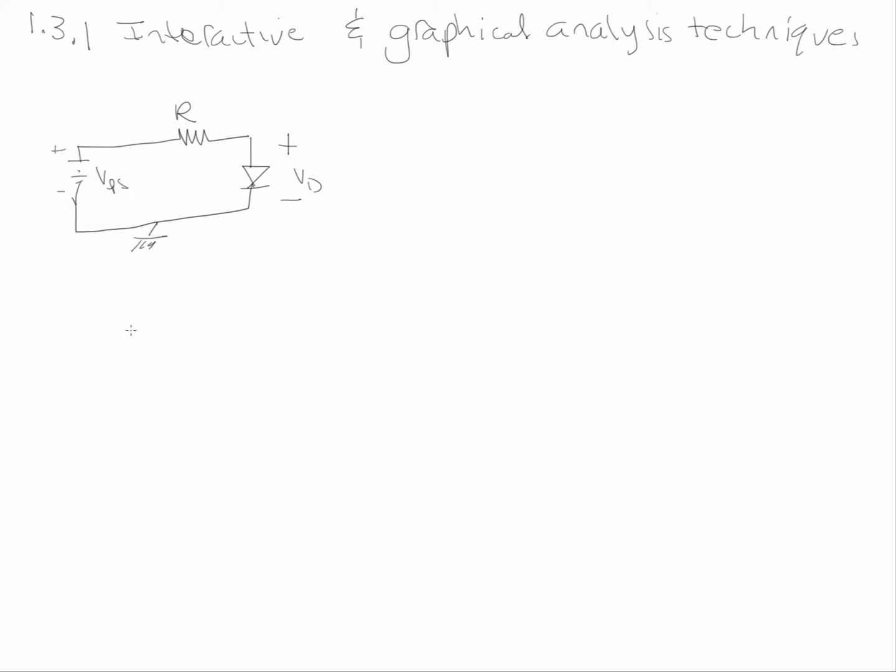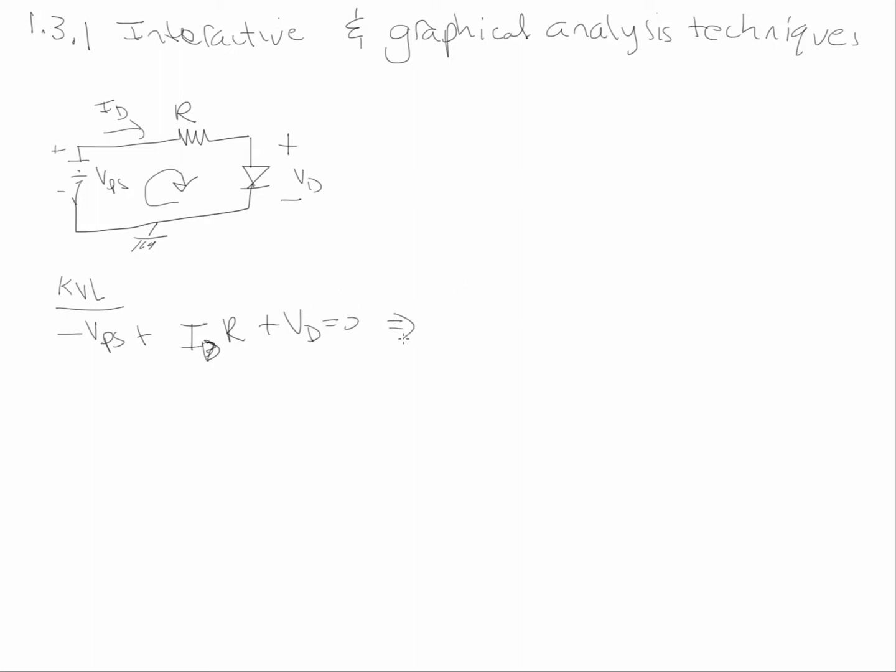So if we do KVL around this loop, going in this direction, we get minus V power supply plus, and we'll just call the current here ID, ID R, plus VD equals 0. So that's just KVL.